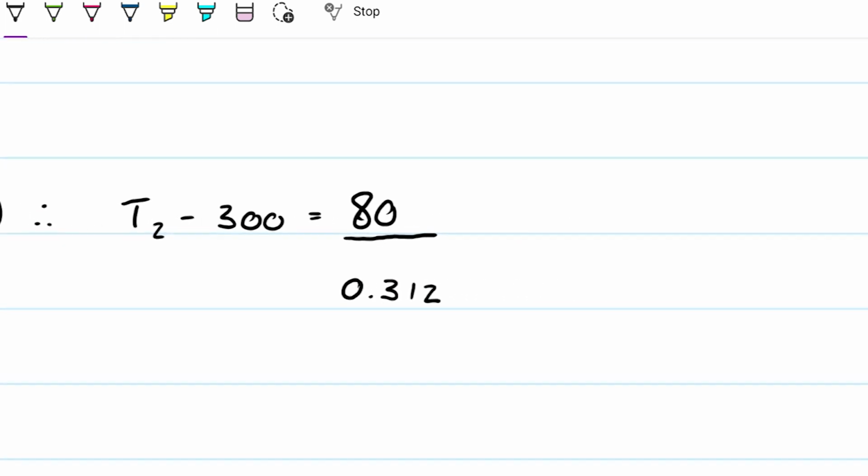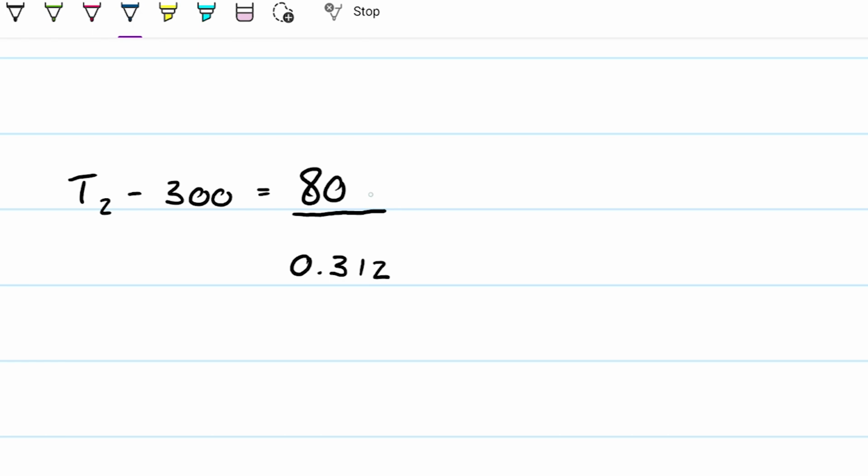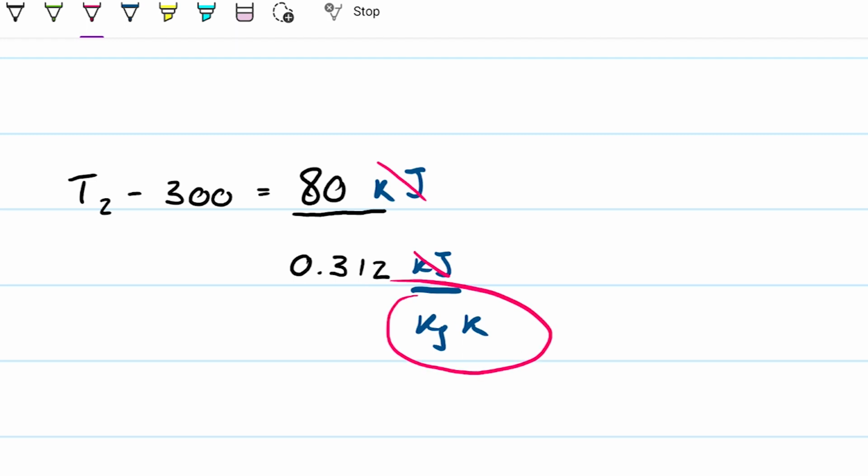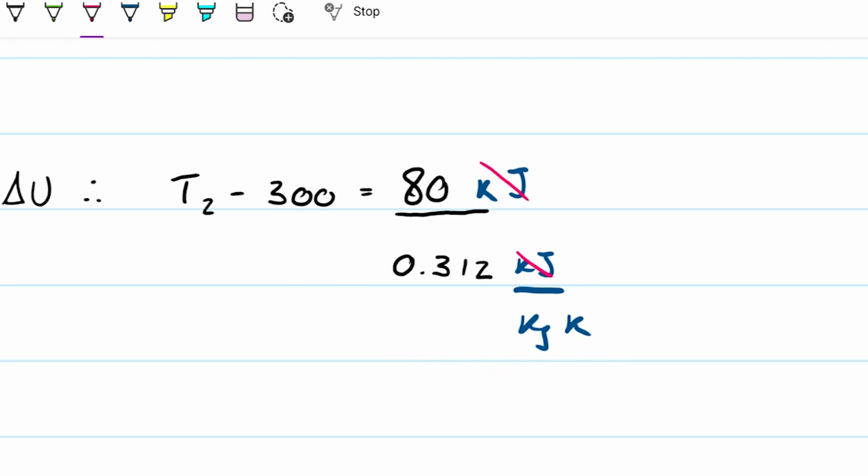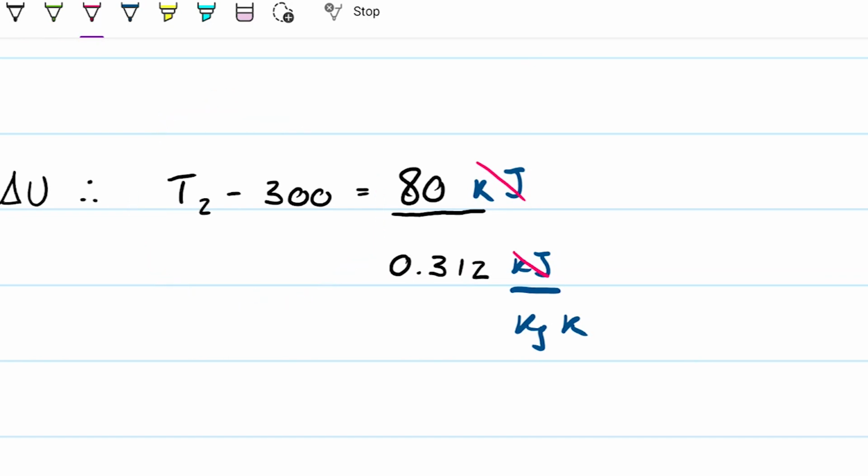Right, so as long as my units turn out to be right, this should not be a problem. So this is kilojoules, and this is kilojoules per kilogram Kelvin. And we see there is a problem indeed, right? Kilojoules and kilojoules cancel, and we're left with kilogram Kelvin, which is not what we want. We want just Kelvin because we want a temperature, right? The problem is we're missing the mass component.